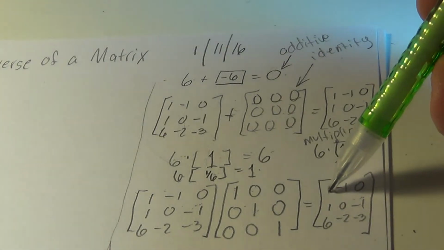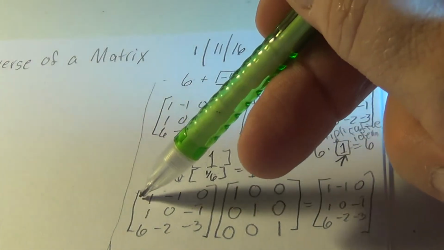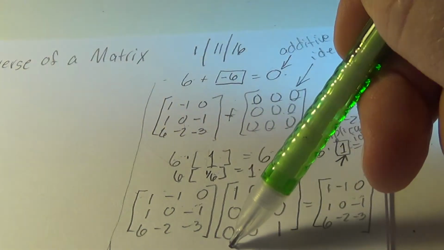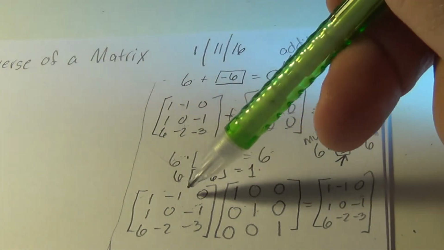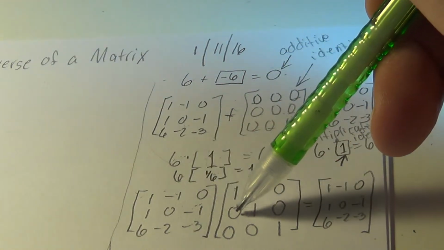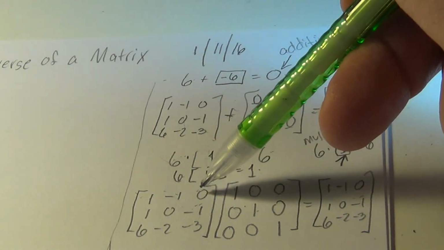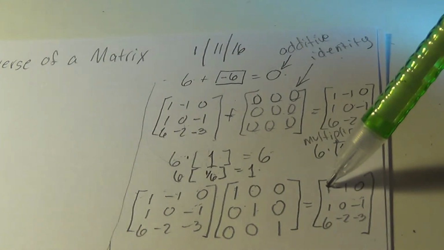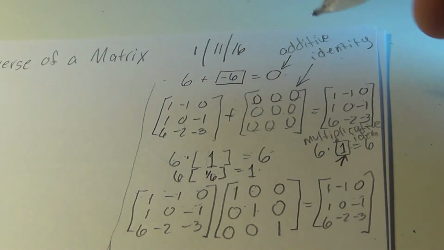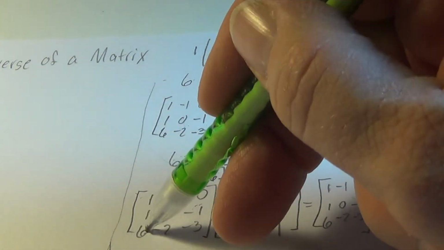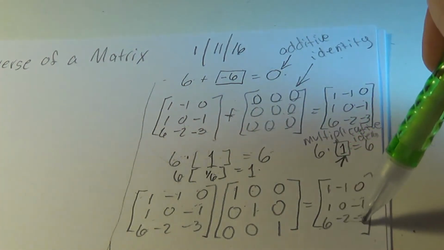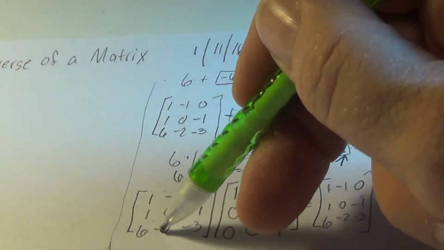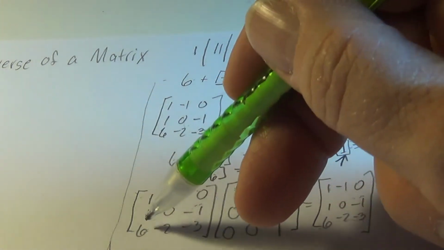That actually works. So let's check a couple elements. This element is in the first row, first column, so that will involve this row and this column. The way we learn to multiply, 1 times 1 plus -1 times 0 plus 0 times 0 does give us 1. Let's try this number here, 6. 6 is sitting in the third row and the first column, so we're going to use the third row and the first column.